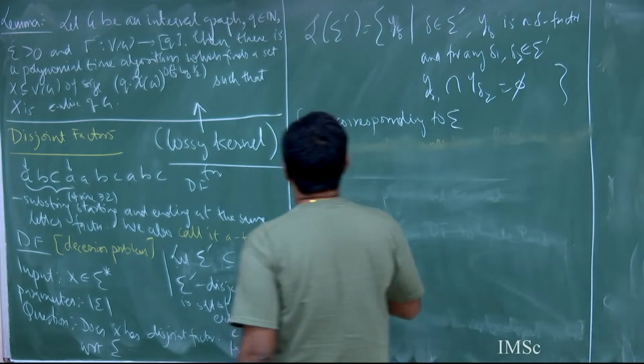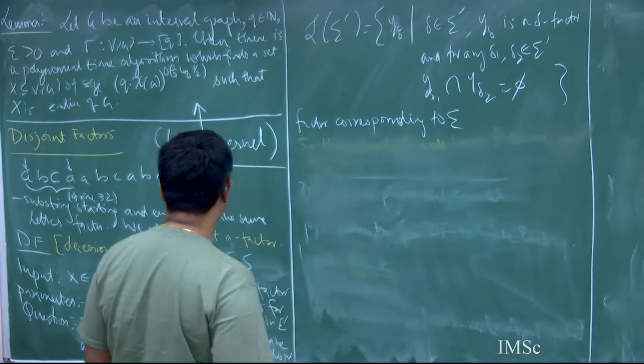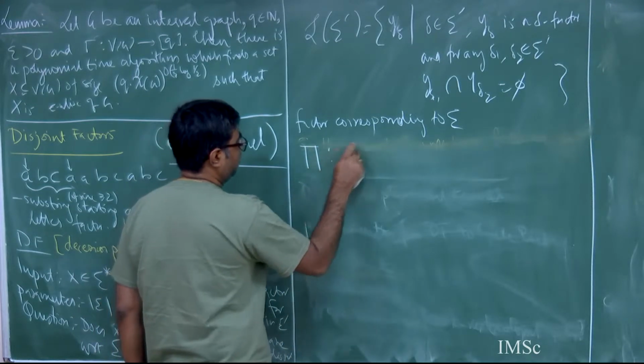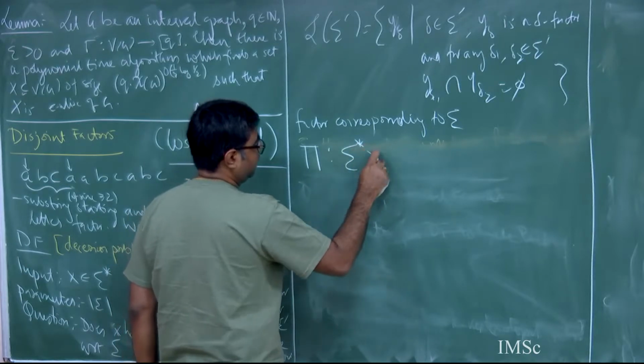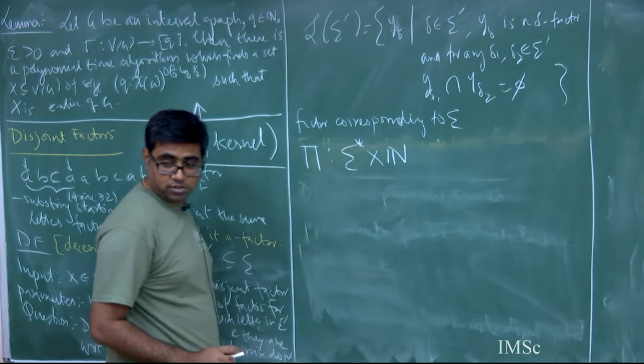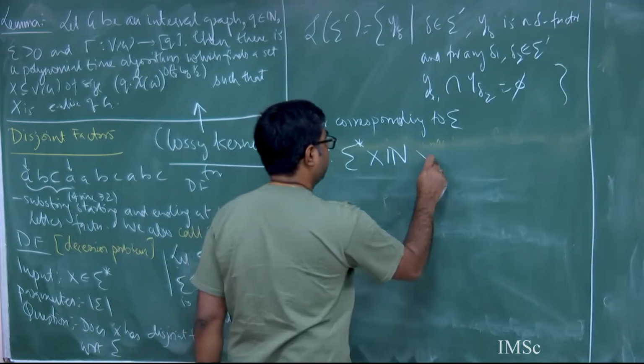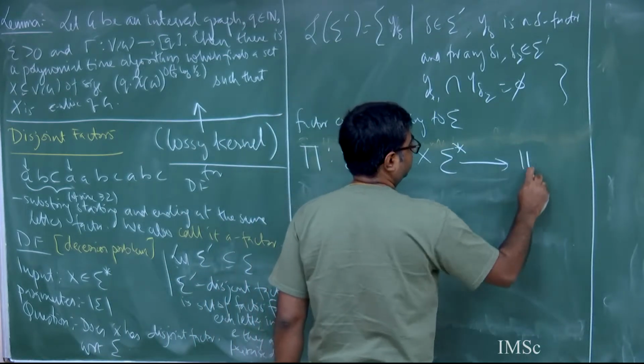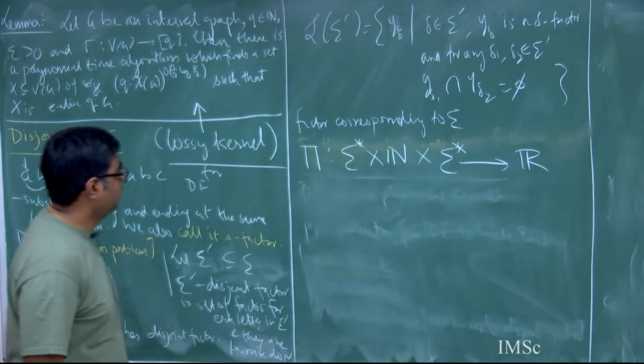Okay. So if you remember the definition of an optimization problem, what was this? Pi was a function from sigma star cross natural number times sigma star to reals, right? What is the meaning of this?